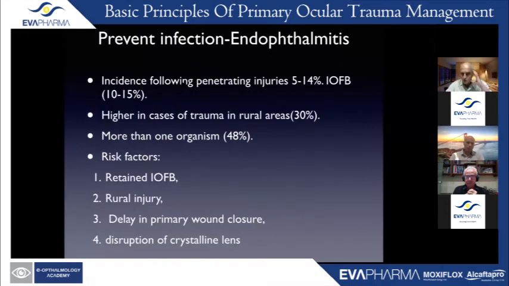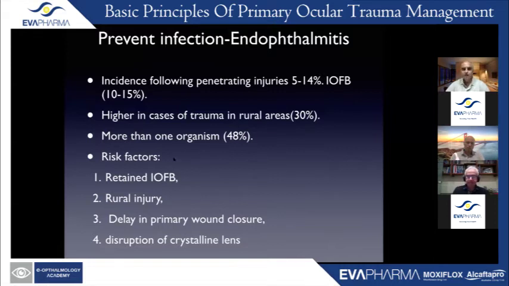We have to always think that these patients are potentially infected. The incidence of endophthalmitis is high in penetrating injuries. With intraocular foreign bodies, it's even higher. So we should be aware of the area where the patient had the trauma.